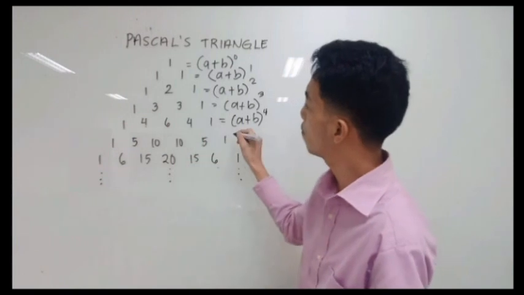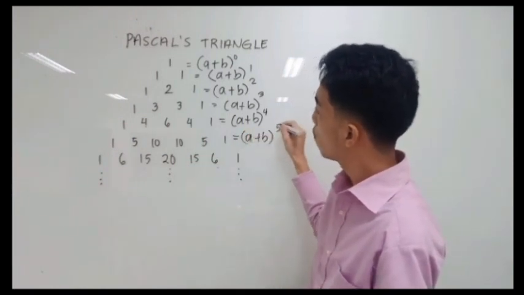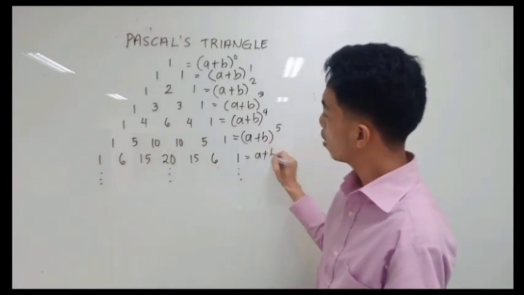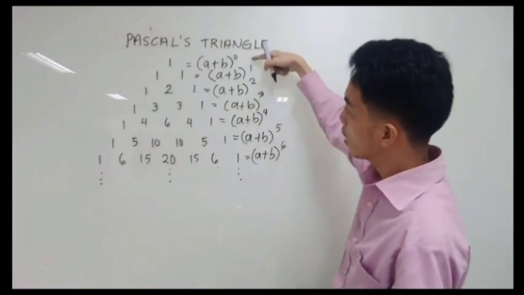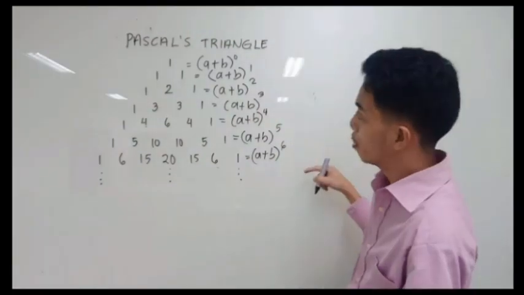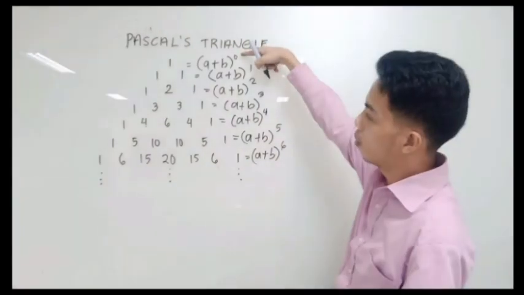This one, you have a plus b raised to 5. And this one, you have a plus b raised to 6. So as you can see, the exponent from the top up to the bottom is increasing, starting from 0.